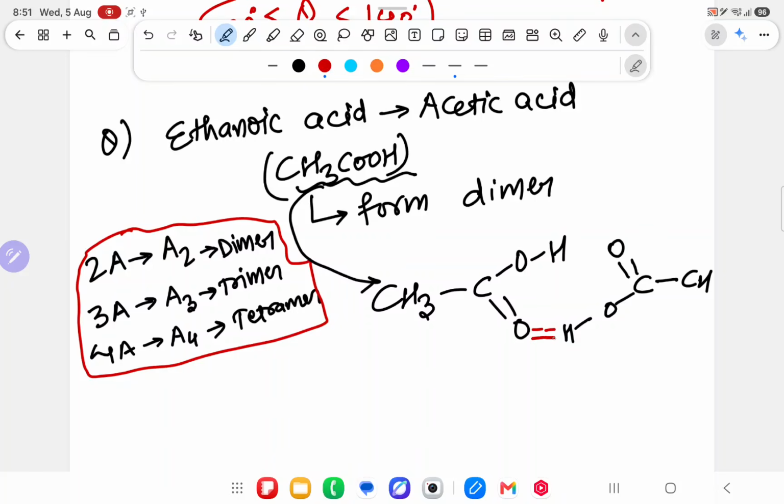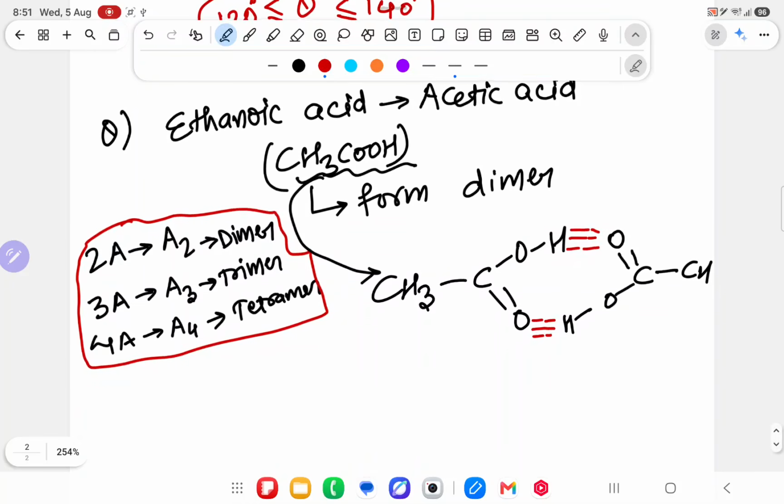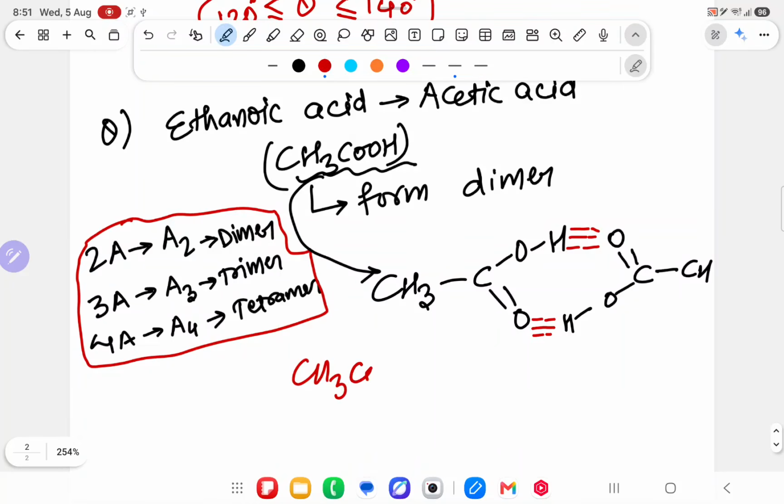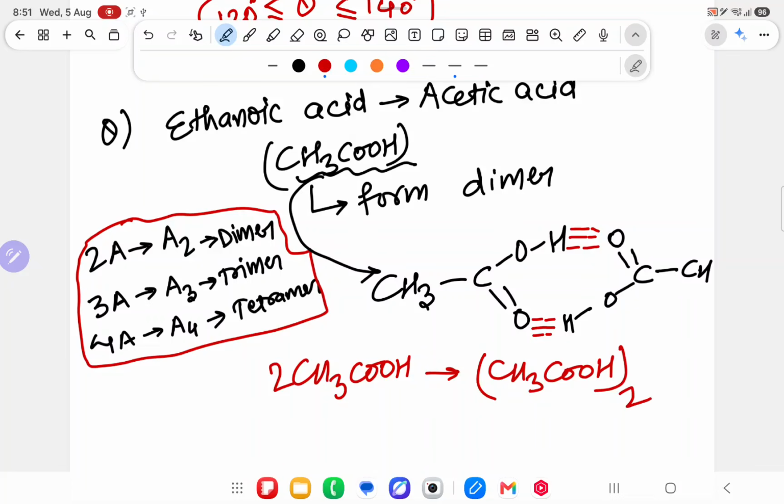Over here oxygen and this, because of the X-H-Y rule, the first rule, so here hydrogen bond, here hydrogen bond. It means to form the hydrogen bond of acetic acid, you have to take 2 moles of acetic acid. They combine together to form (CH3COOH) twice, and this situation is known as dimer, someplace written as dimerization. So don't get confused over here. This is the hydrogen bond in ethanoic acid.